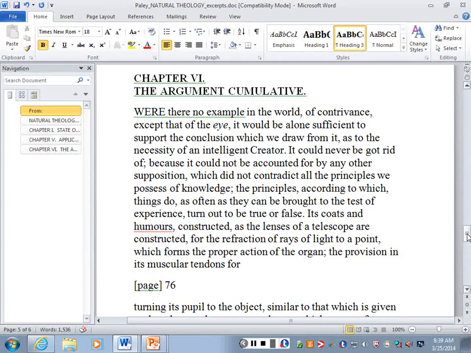But he talks about the fact that, down at the bottom, the eye proves it without the ear, without the eye, that all we need is some individual examples. Okay, so this is basically the design argument, Paley's version.